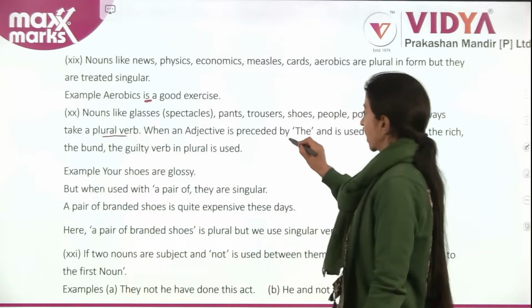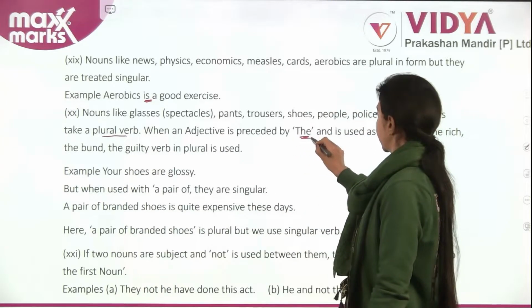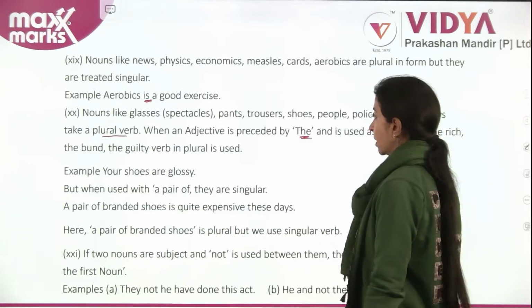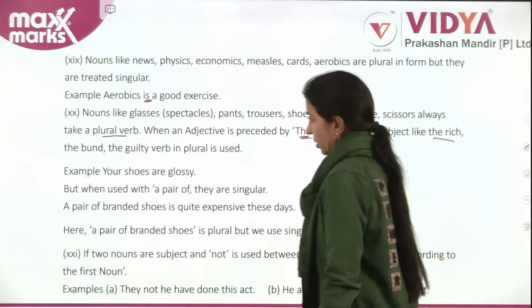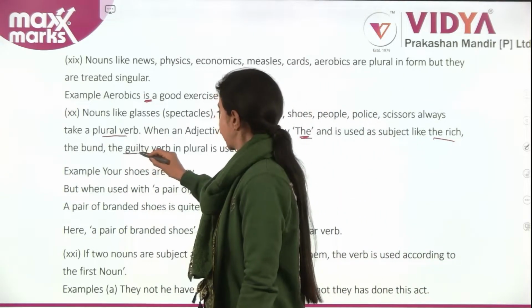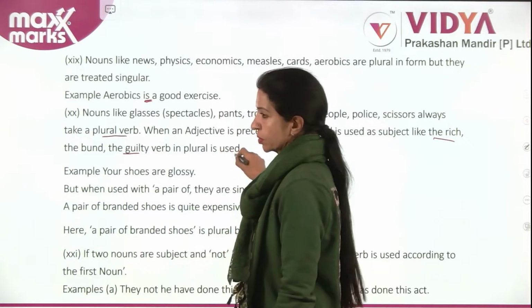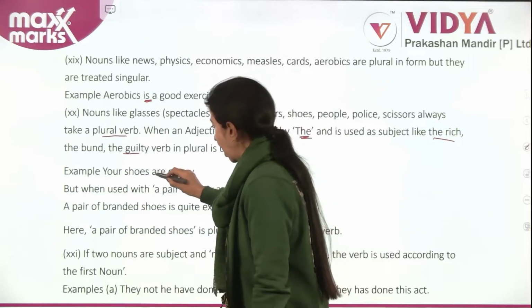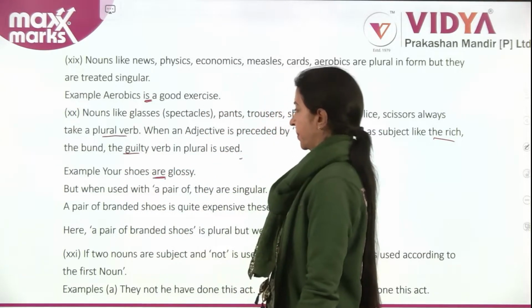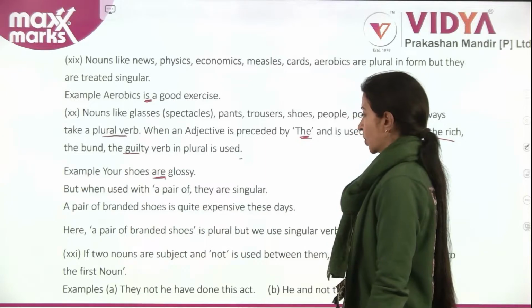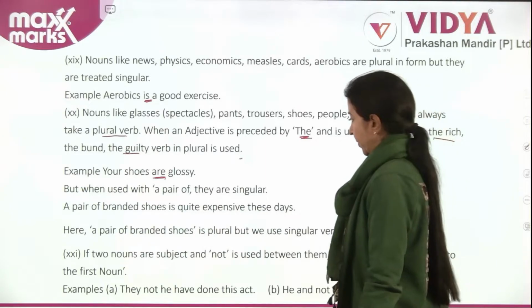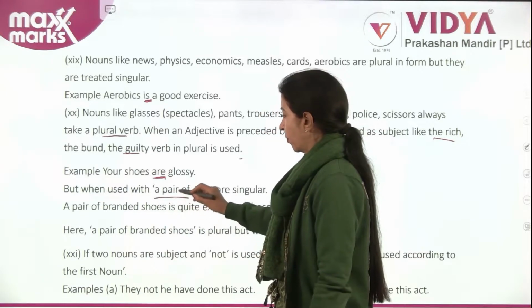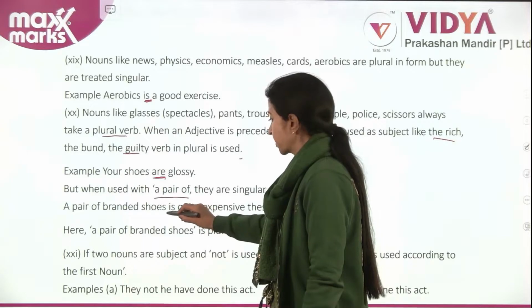When an adjective is preceded by the and is used as subject, like the rich, the burnt, the guilty, a plural verb is used. Example: your shoes are glossy. But when used with a pair of, they are singular. A pair of branded shoes is quite expensive these days.